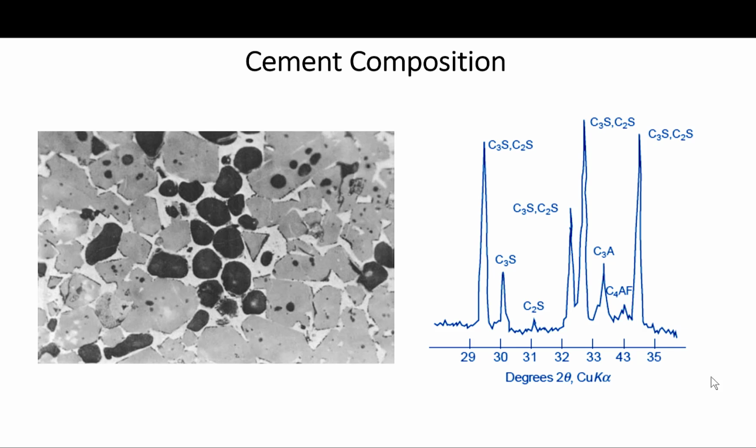These X-rays are generated by a cathode ray tube, filtered to produce monochromatic radiation, collimated to concentrate, and directed toward the sample. In our case, the sample is usually cement that is ground to a certain fineness. The interaction of the incident rays with the sample produces constructive interference and a diffracted ray when the condition satisfies Bragg's law, which relates the wavelength of the electromagnetic radiation to the diffraction angle.